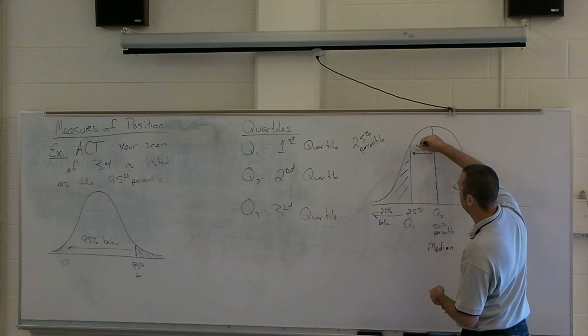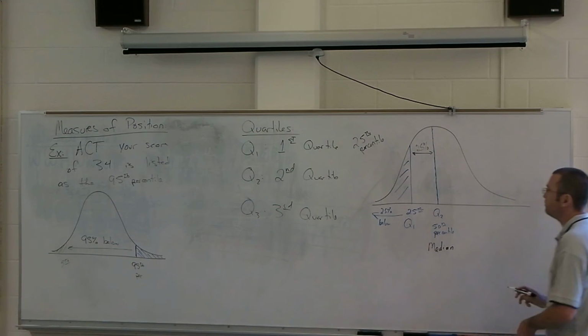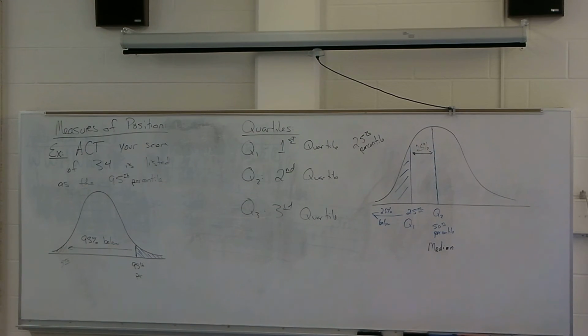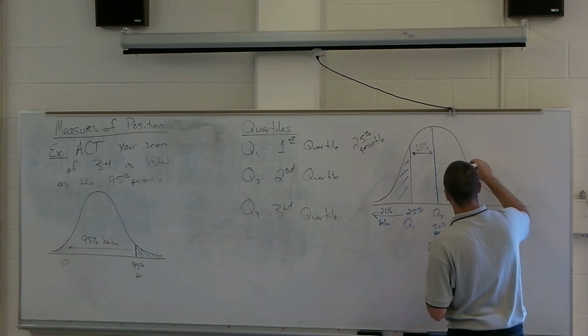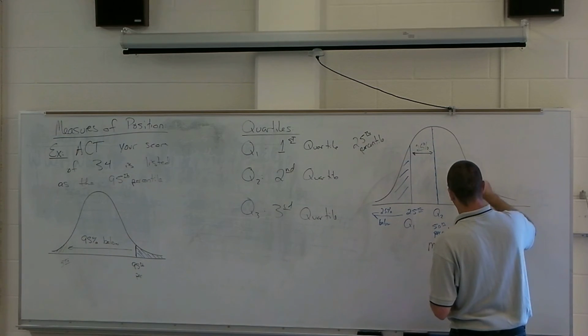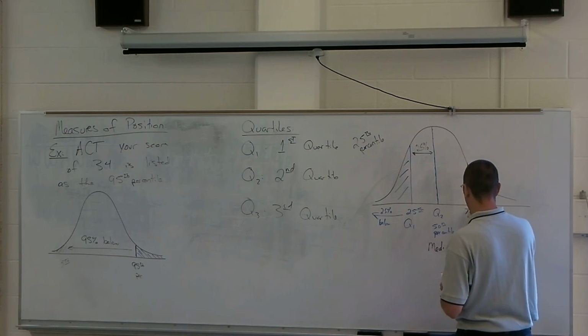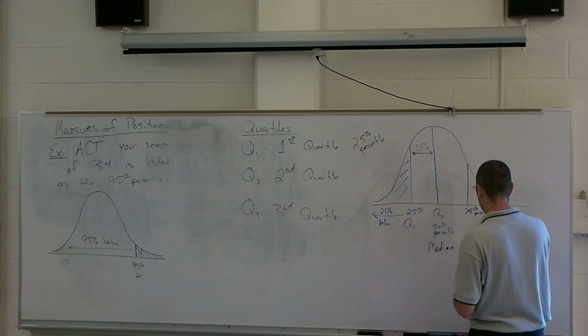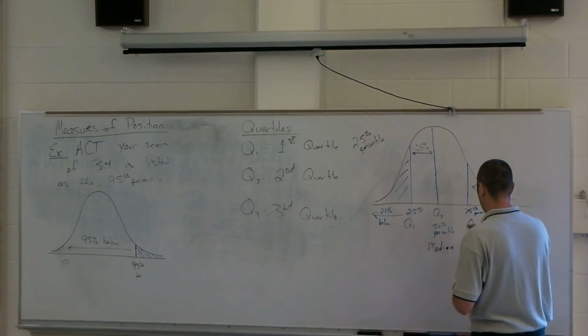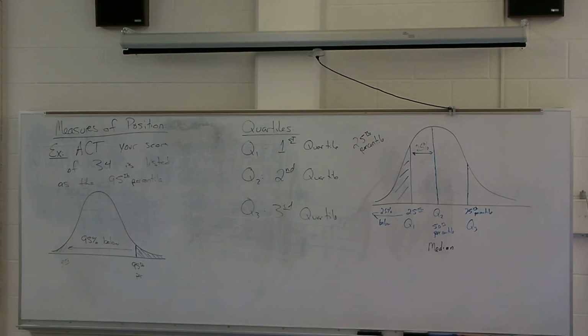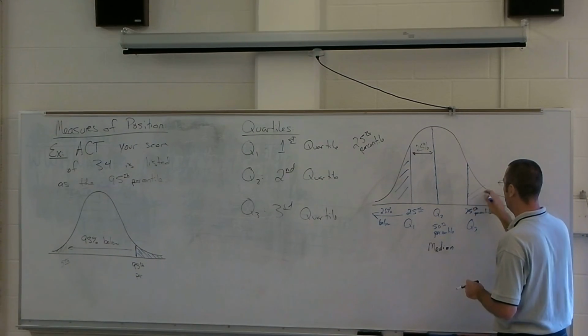Better be 25%. Right, and then finally we have the third quartile. The third quartile measures the what? Also called the 75th percentile. That's our Q3. And there are 2 ways of interpreting that one: there's 75% of my data below, or there's 25% of my data above.